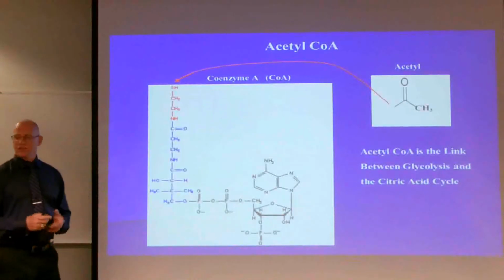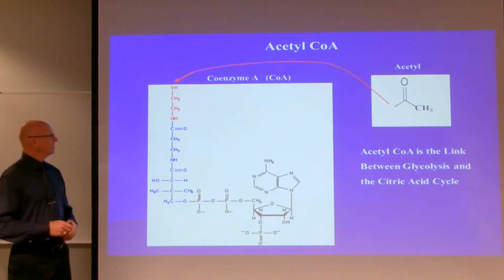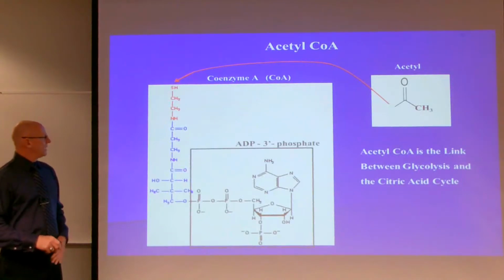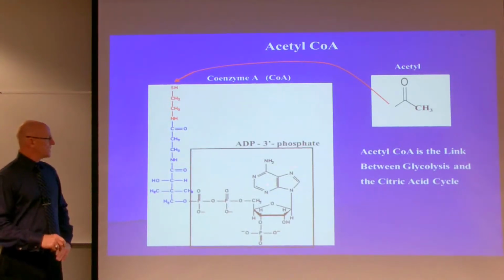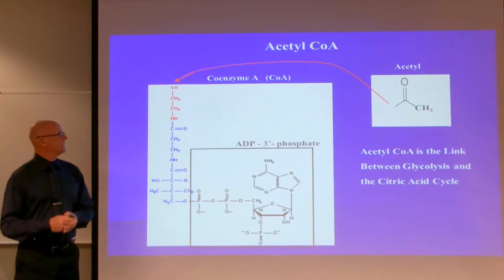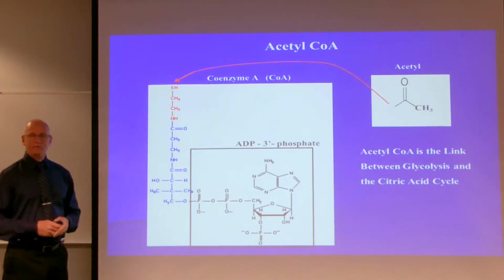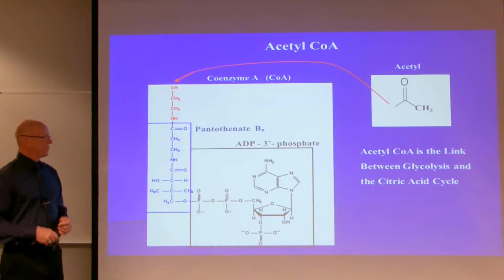Okay, so this is what a coenzyme A looks like. This is the coenzyme A. And here we have a nucleotide. This is adenine again, and this is the ribose sugar and the phosphates. Now, like I said, coenzyme A contains the vitamin B5, pantothenic acid, or pantothenate.